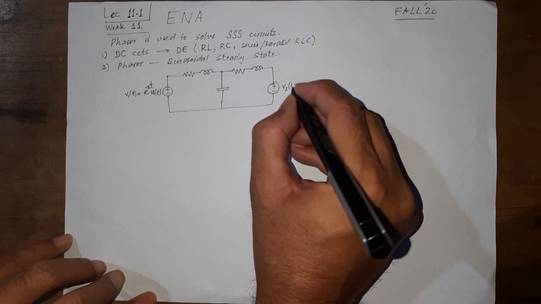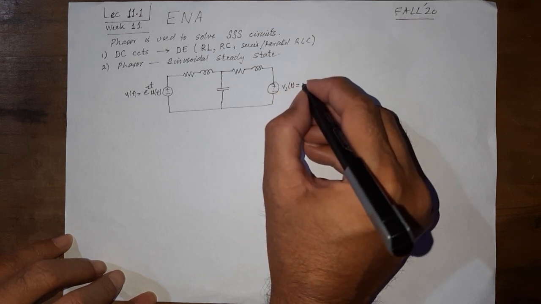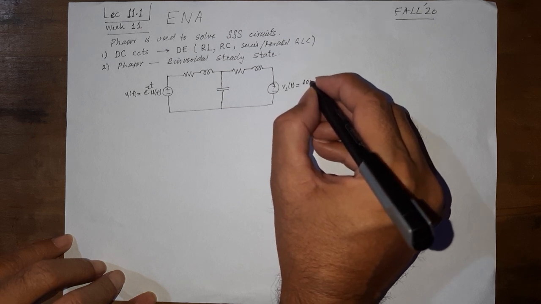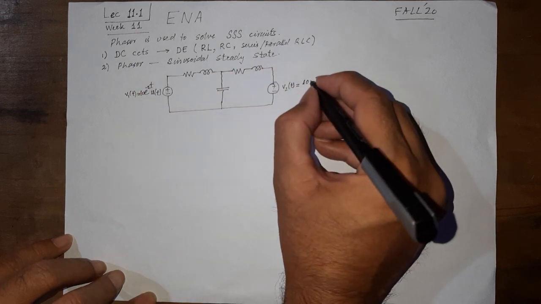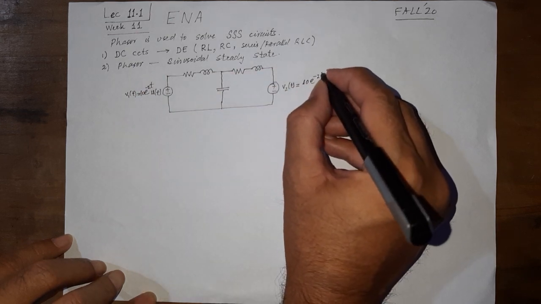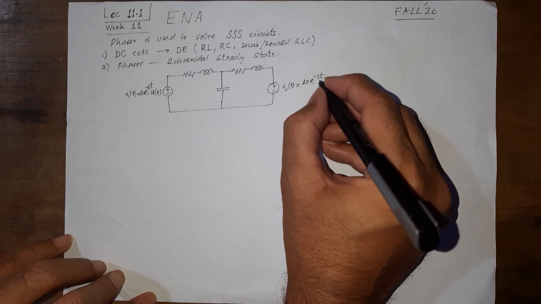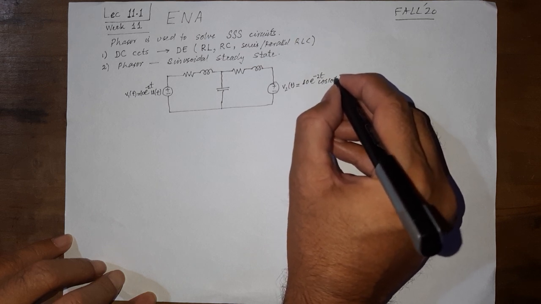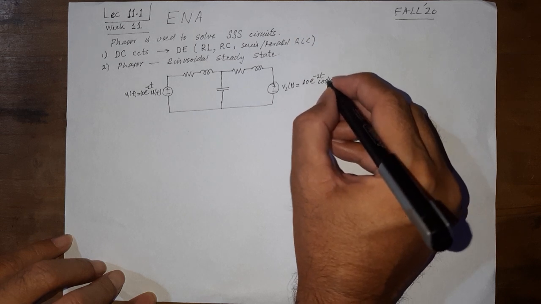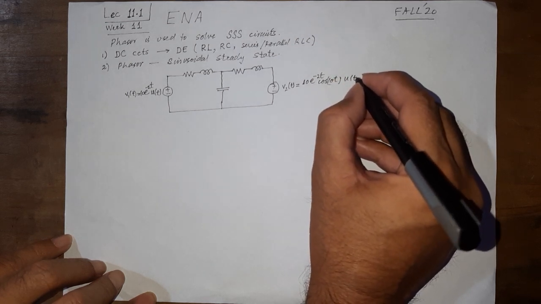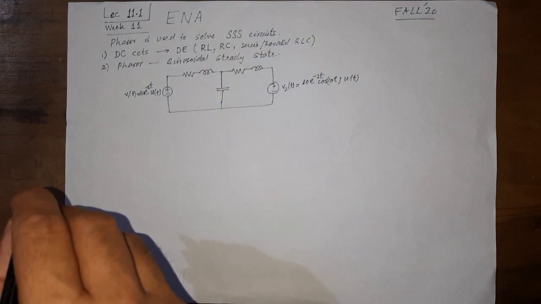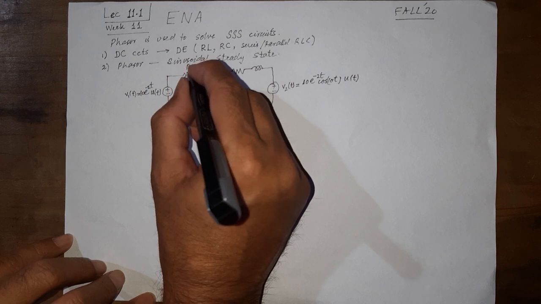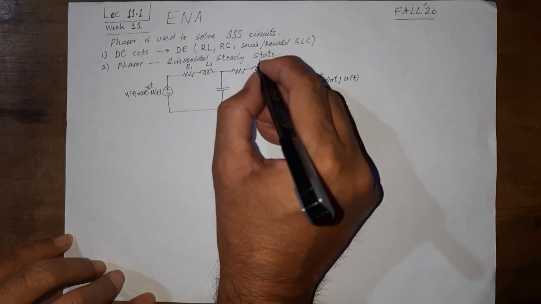And say this is a voltage source that is a decaying exponential multiplied with maybe a sinusoidal voltage. And then these are some resistors and inductors.